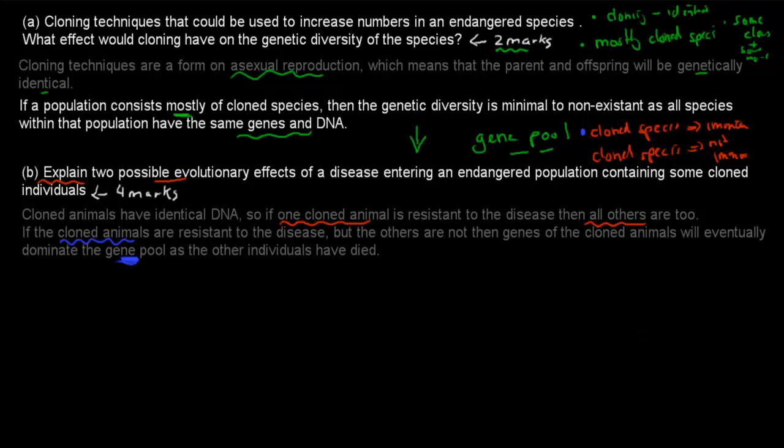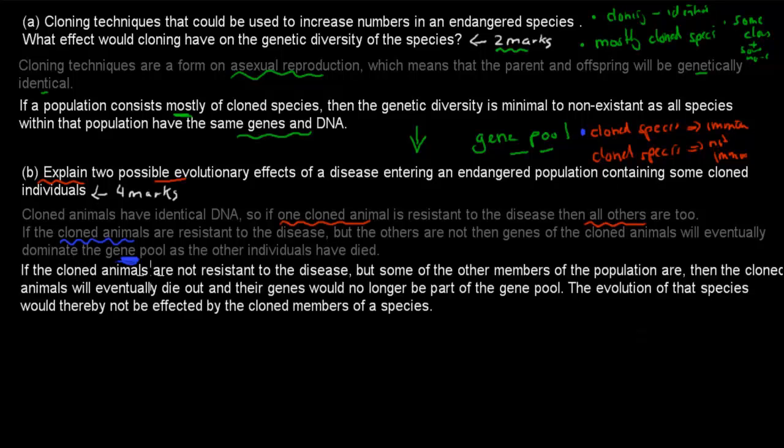The other example is if the cloned animals are not resistant, but some of the other members of the population are, then the cloned animals eventually die out, and their genes would no longer be part of the gene pool. The evolution of that species would thereby not be affected by the cloned members. The cloned ones just die out, and in terms of the gene pool, everything's as it would usually be.